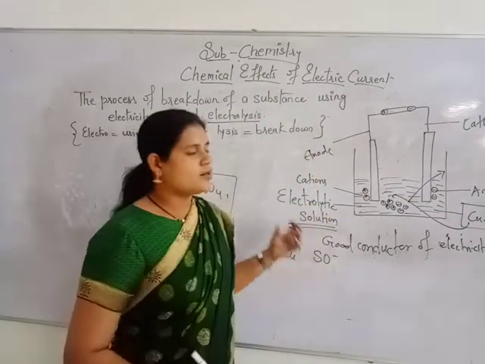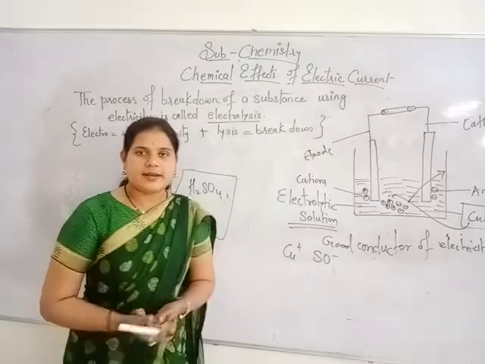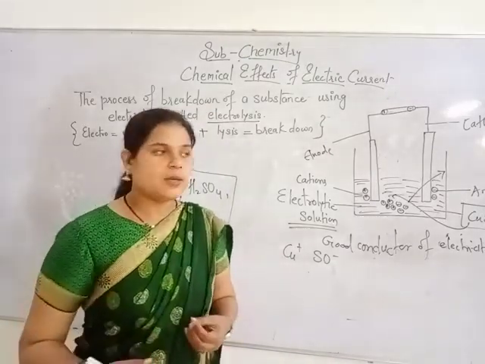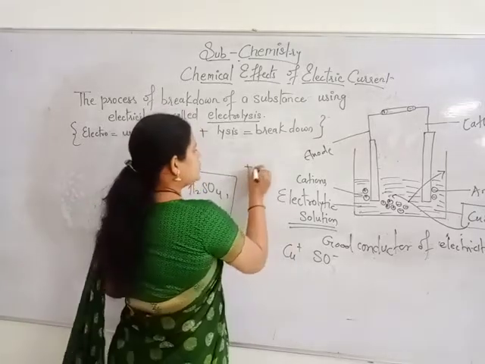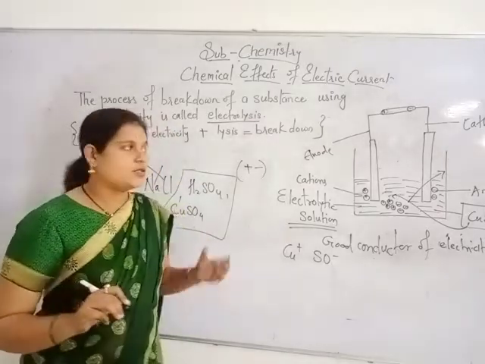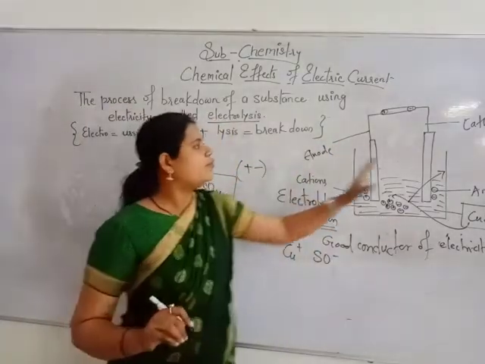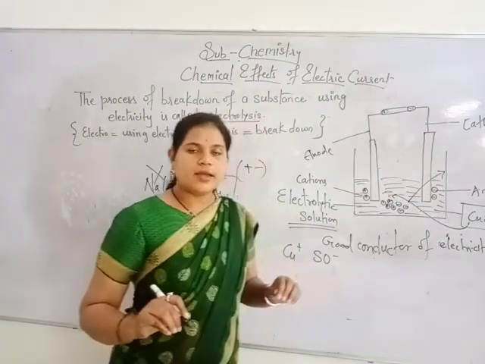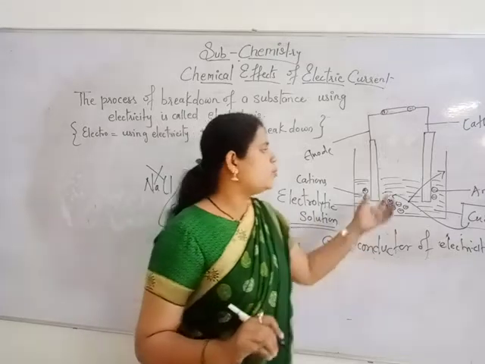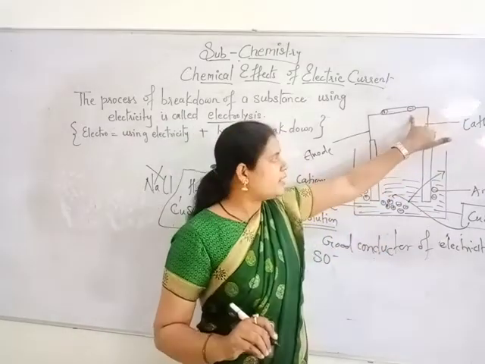According to the basic law of attraction, positive and negative attract each other. Positive will attract the negative and negative will attract the positive. So there will be deposition of this Cu plus towards the cathode, because it is connected with the negative terminal.